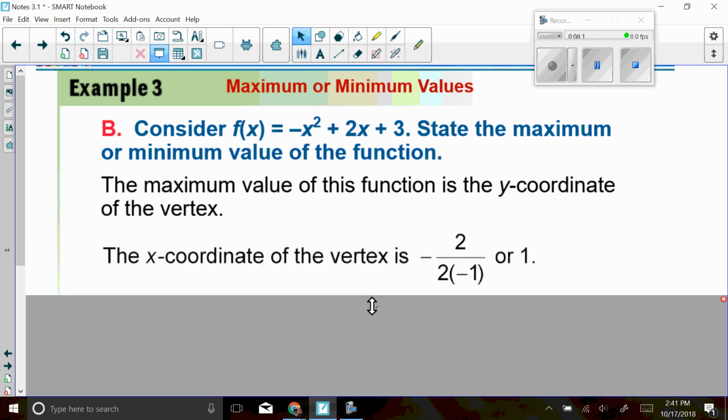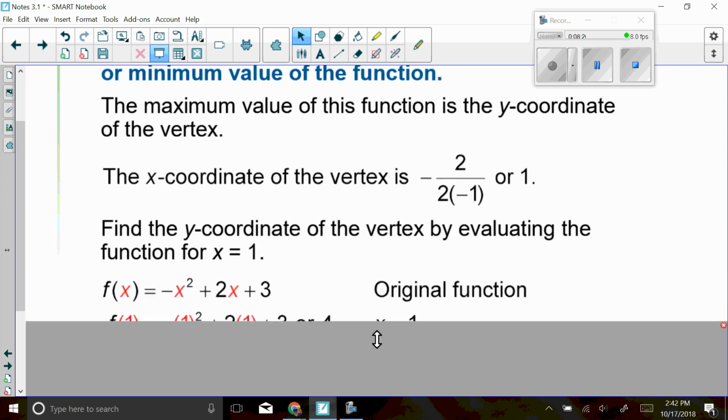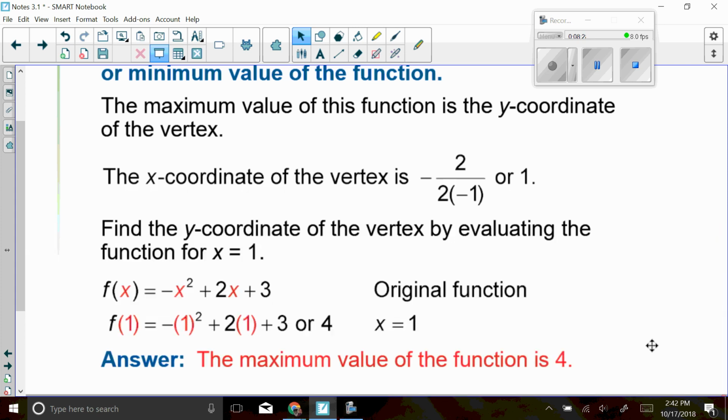We know how to do that. It's negative b over 2a. So I have -2 over 2 times -1, which gives me 1. Now, in order to find the y value, I put 1 back in that equation. As I substitute 1, my maximum value is 4.